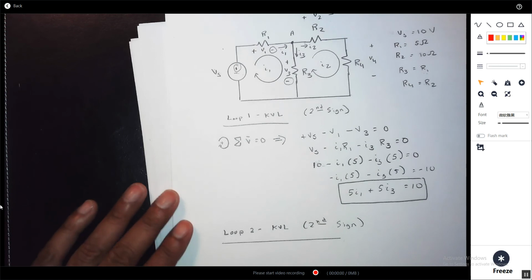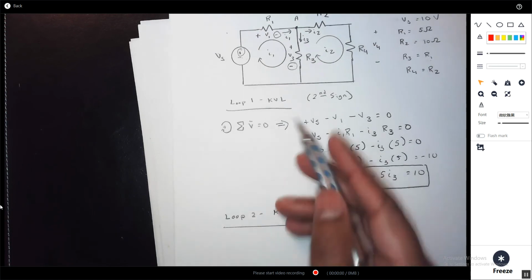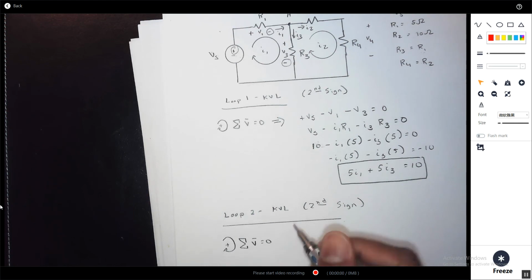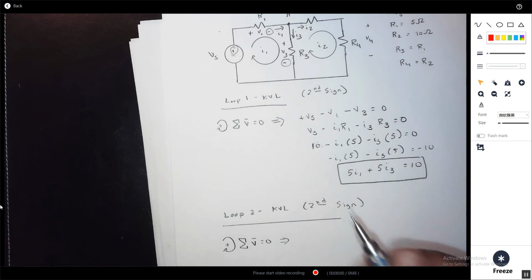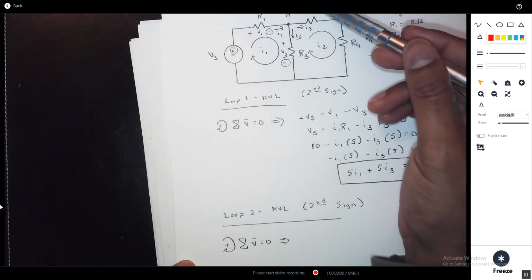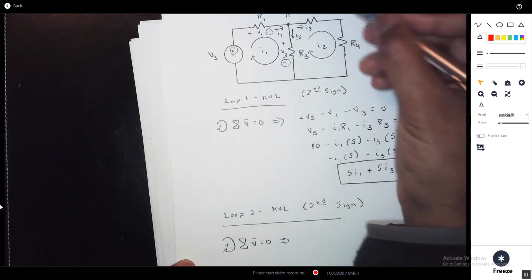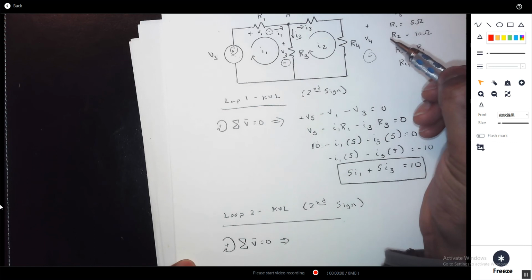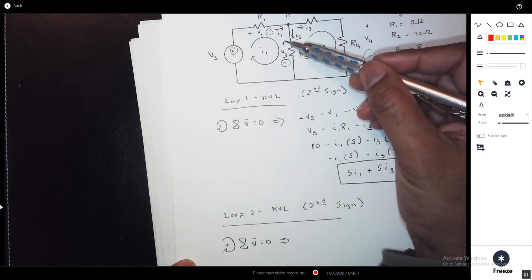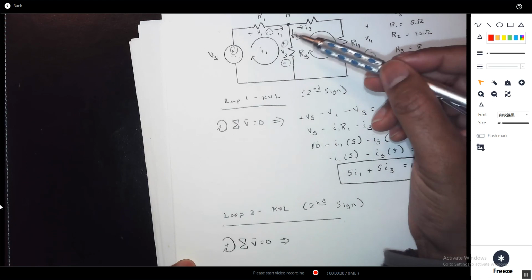So we do the same thing as we did up here, okay? Sum of the volts around the loop is equal to 0, which will imply, okay, you will start here on loop 2. Use the second sign, right? And then second sign here. Okay?